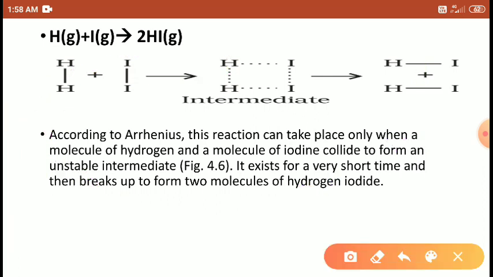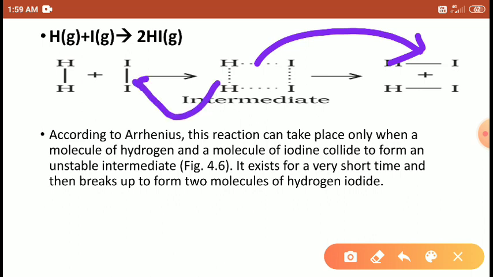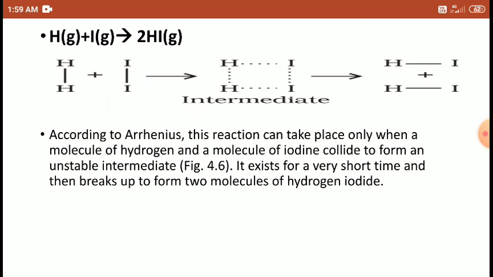So there is breaking of old bonds and formation of new bonds. The breaking of old bonds is these bonds; this bond is breaking here. So breaking of old bond and formation of new bond form hydrogen iodide from hydrogen and iodine gas.